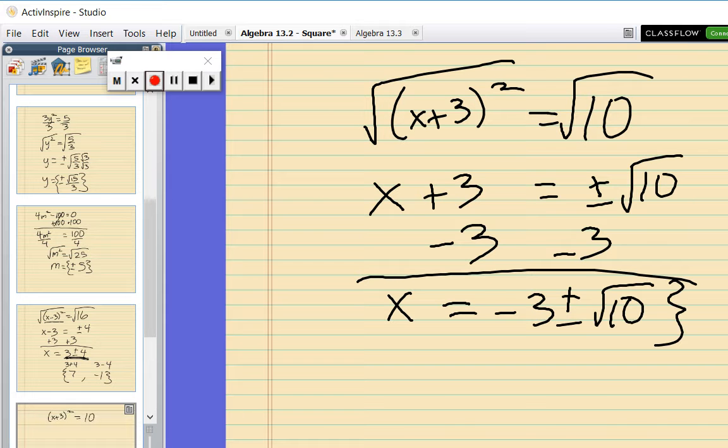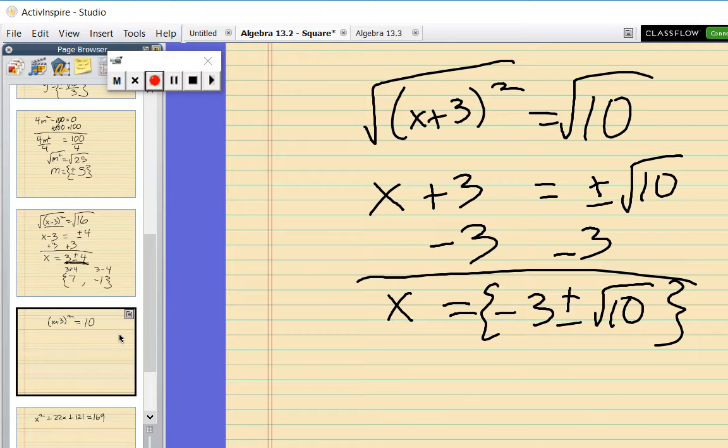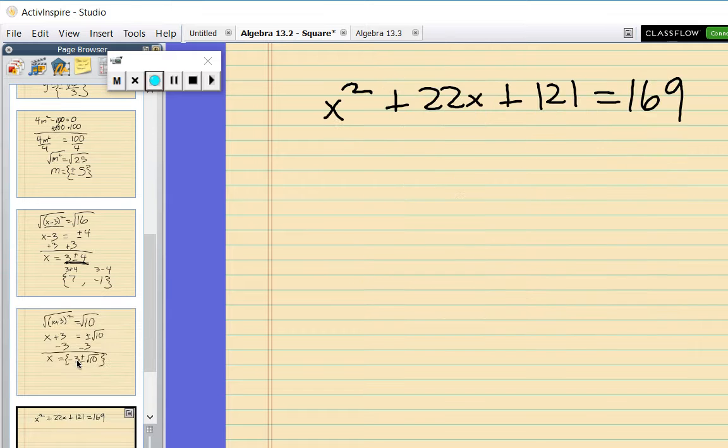There. Two solutions. Okay, now, later on it may ask you to evaluate the radical 10, but for now, simplest radical form is fine. Okay, let's make this a little more challenging. Go ahead, see what you do with this one.